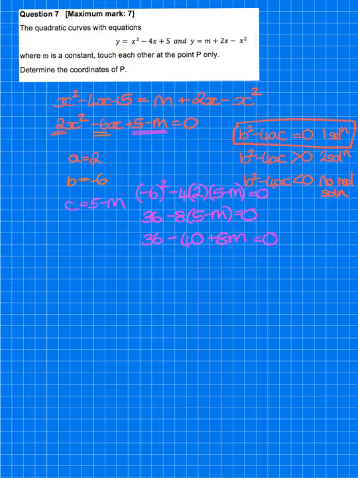Equals 0. 36 minus 40, that's minus 4 plus 8m is equal to 0. So 8m is equal to 4 if we move it over, and m is equal to 4 on 8, or a half. Okay.